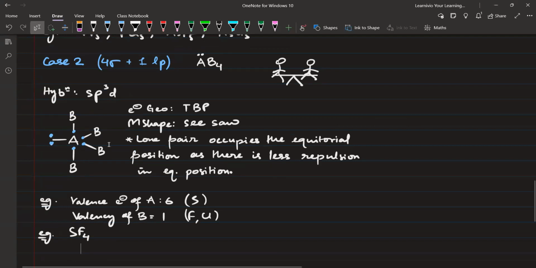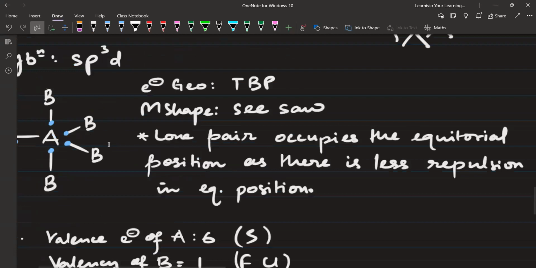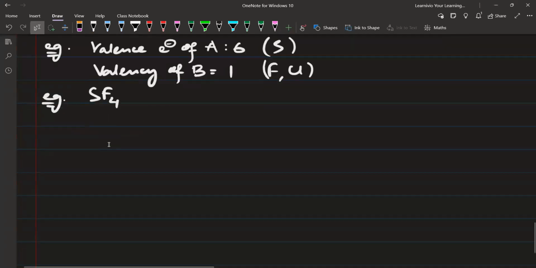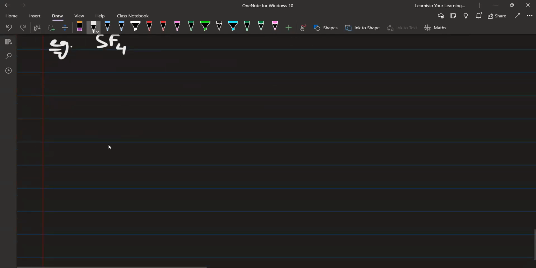So if I have something like this, see here. A has one lone pair, a double bond to some element, let us suppose B, a double bond to some element D, and two single bonds with B. This will also be the same thing only, yes or no?